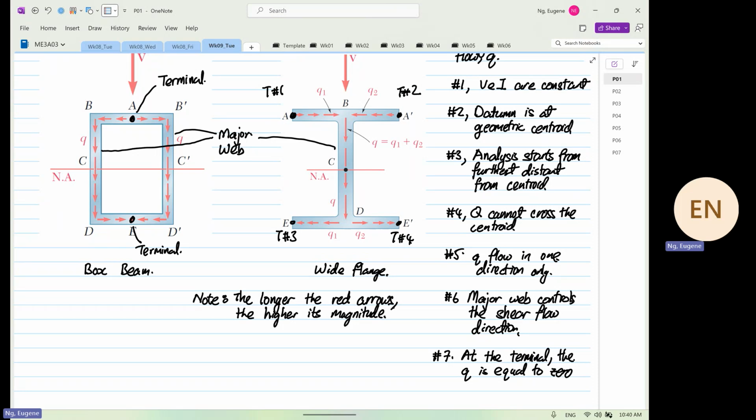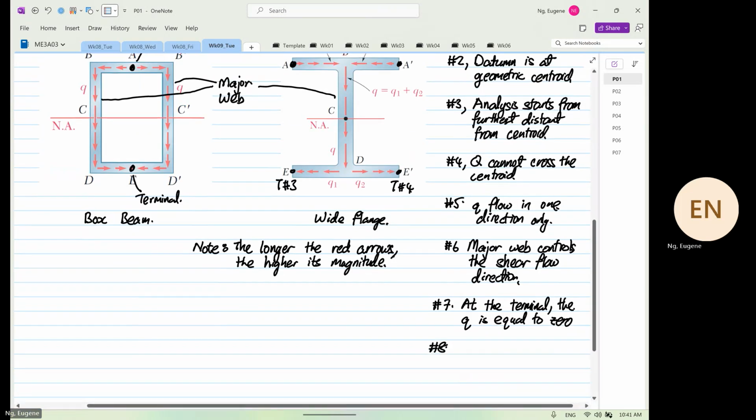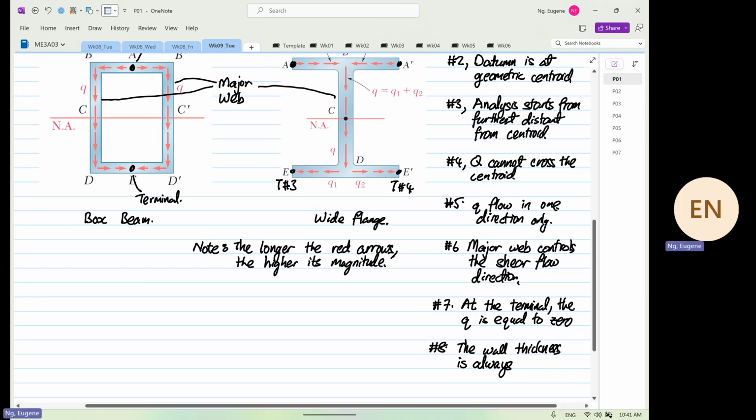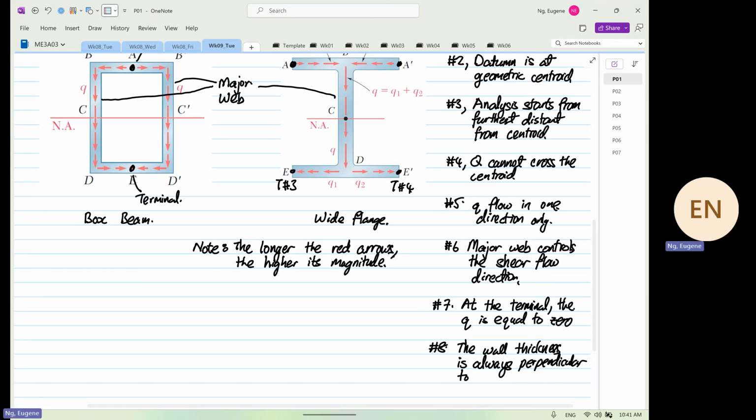And finally, rule number 8. You all have seen this before. The wall thickness is always perpendicular to the shear flow directions.